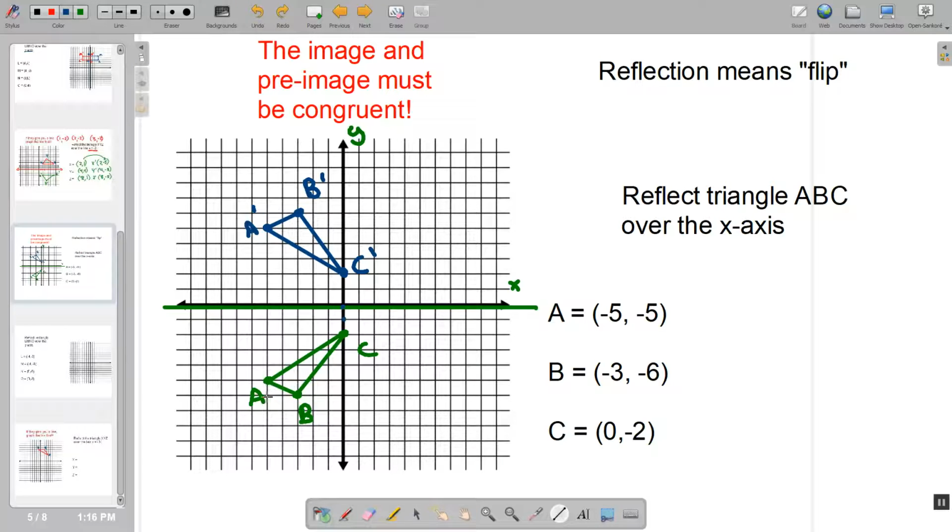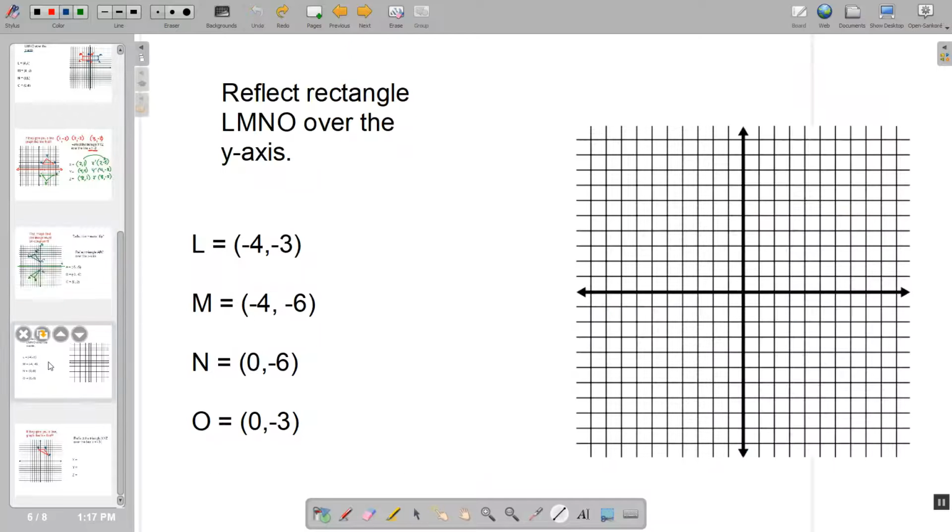So going down 1 and over 2 means that we should be going up 1 and over 2 in the opposite direction. So A to C is down 3 and over 5. So it should be up 3 and over 5, and it is. And because all of those patterns are equal, for now, that's going to be the best way for us to figure out if shapes are congruent to each other.